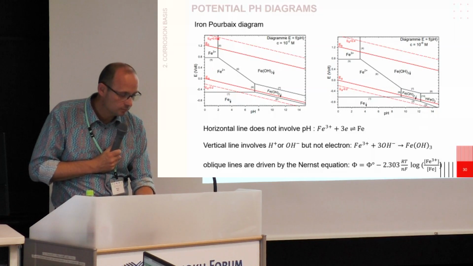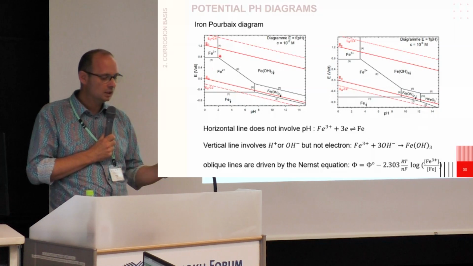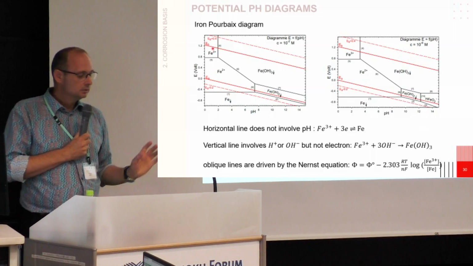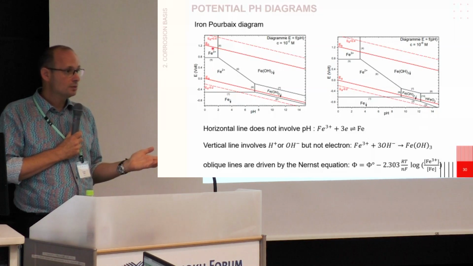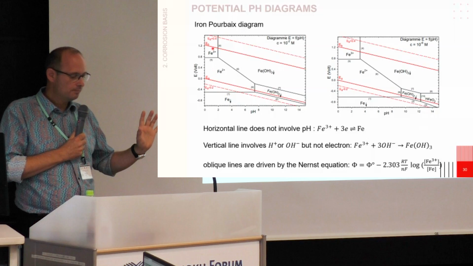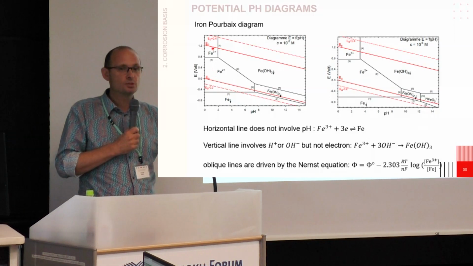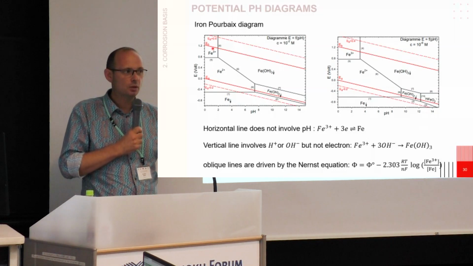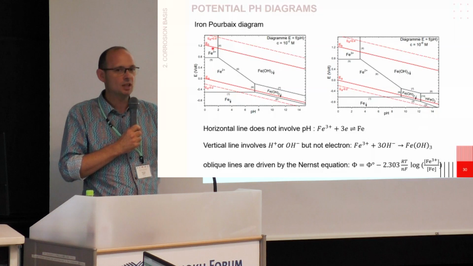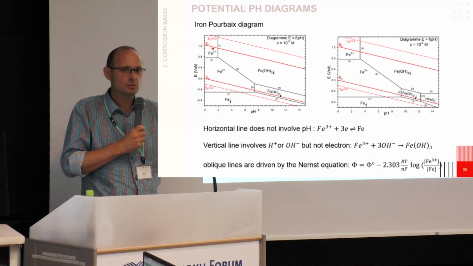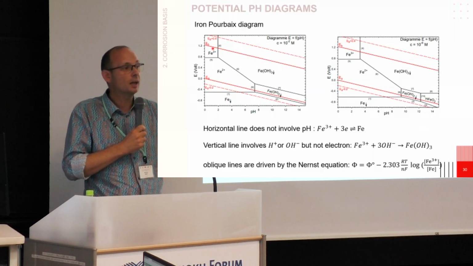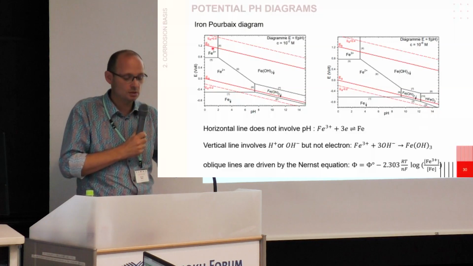For example, this one. So what is the meaning of this one? Here, I just have iron 3+. But if I add OH minus, remember, one of the reactions of dissolved oxygen is to produce OH minus, so I can have some OH minus in solution.